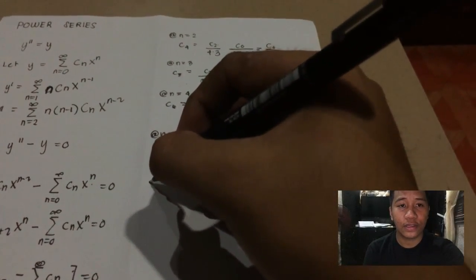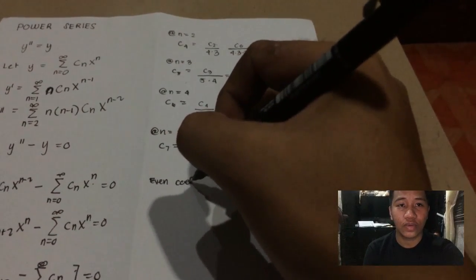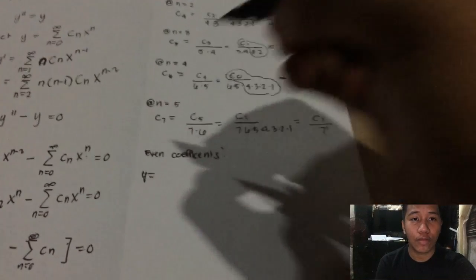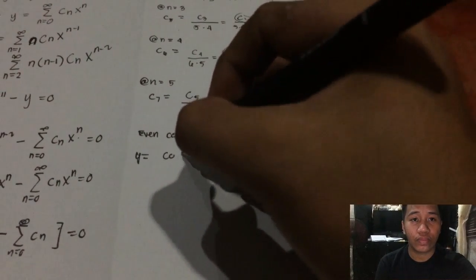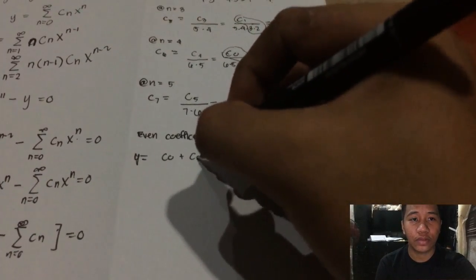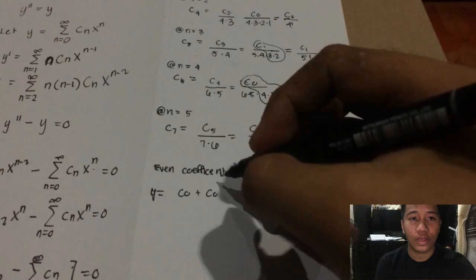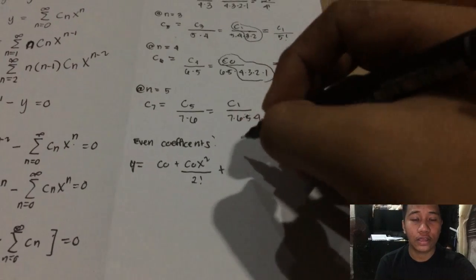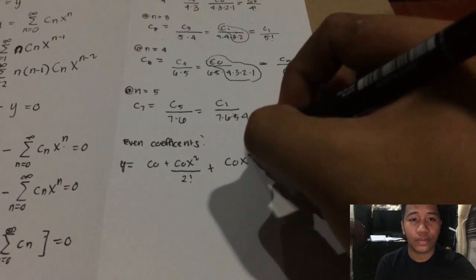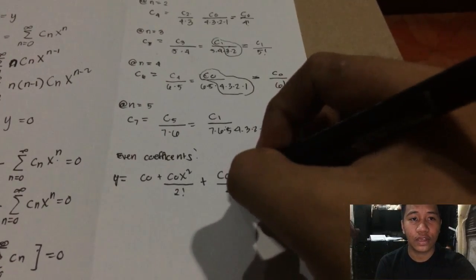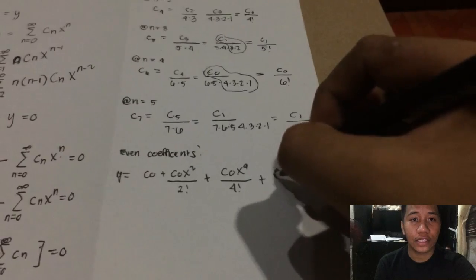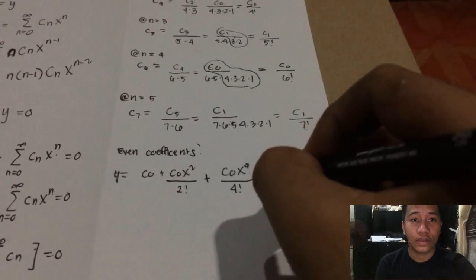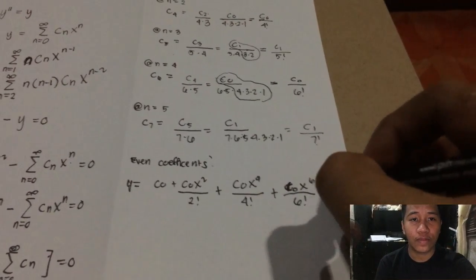For the even coefficients, y is equal to c sub 0 plus c sub 0 x squared over 2 factorial plus c sub 0 x to the 4th over 4 factorial plus c sub 0 x raised to 6 over 6 factorial plus, and so on.